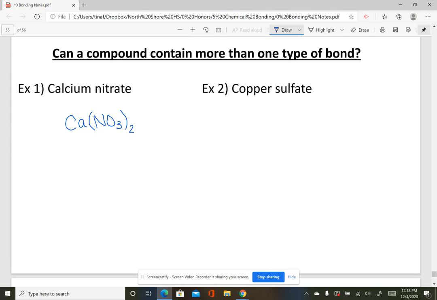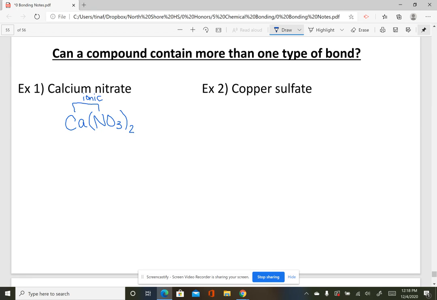So how is calcium bonded to the NO3 ion? This is an ionic bond. Calcium is a metal. NO3 is a non-metallic polyatomic ion. So we have a metal to a non-metal, a positive ion to a negative ion.